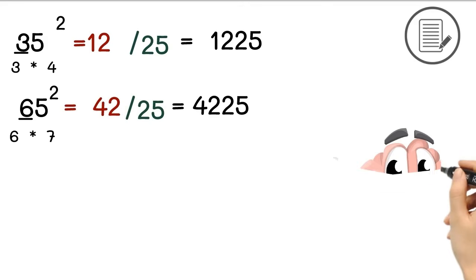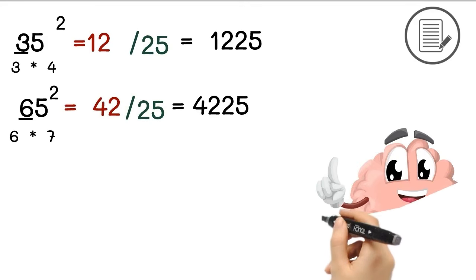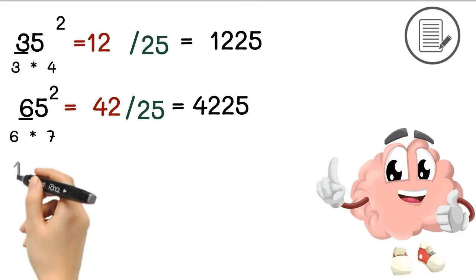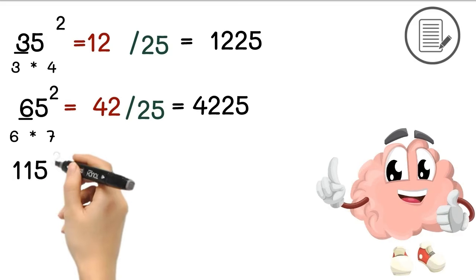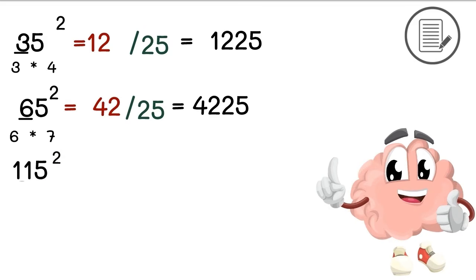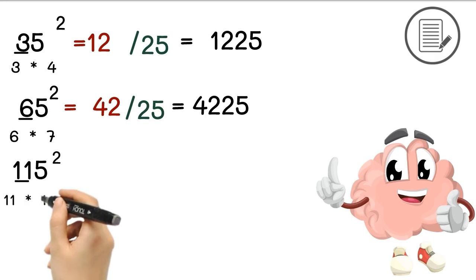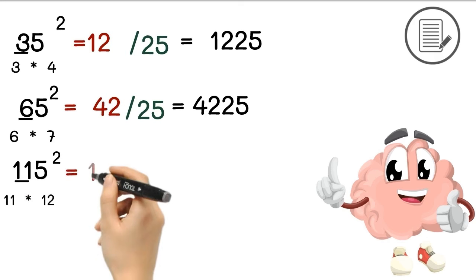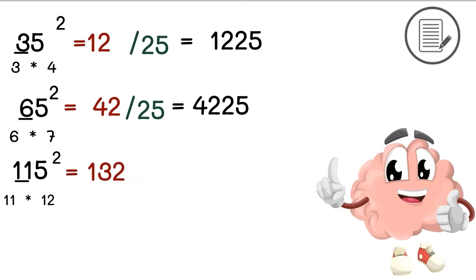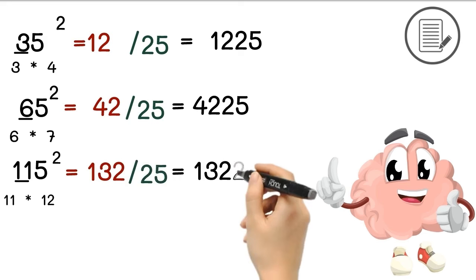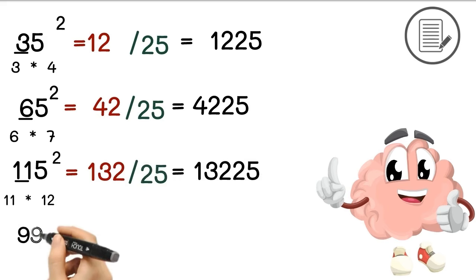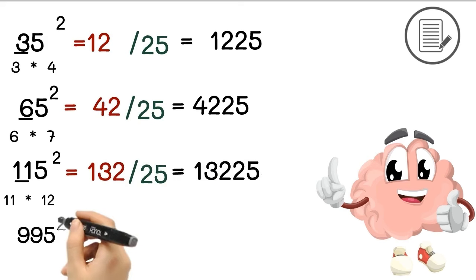This method also works with any big number square, just like 115. Here we need to take 11 and we will find the next number after 11, which is 12. So 11 multiplied by 12 equals 132 and the next part is 25. So our answer will be 13,225. Square of 995.